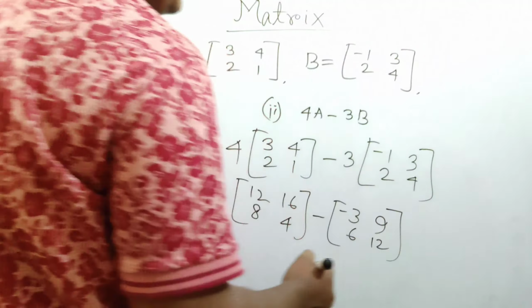Here 12 minus negative 3, that is minus minus plus, so 12 plus 3 is 15, 8 minus 6 is 2, 16 minus 9 is 7, 4 minus 12 is minus 8. So this is the answer for number 2.